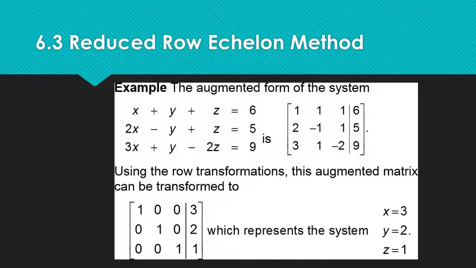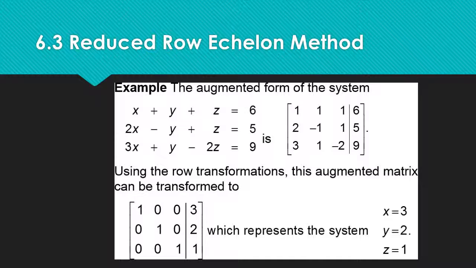Now this is an example of what we mean by reduced row echelon. Here you see we have our 3 equations and we put them into the form of a matrix. Now this doesn't go through the process right here, but when you transform the matrix, you want to transform it till it looks like the matrix you see on the bottom there. And that's what is called reduced row echelon form.